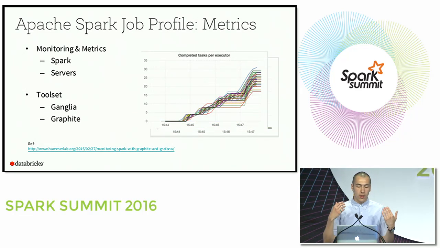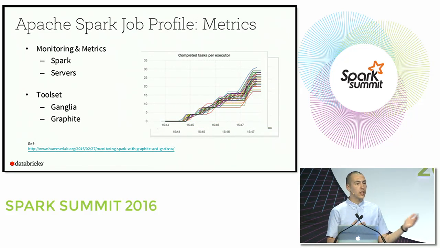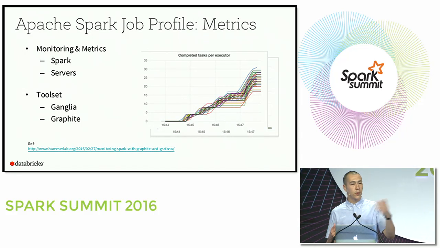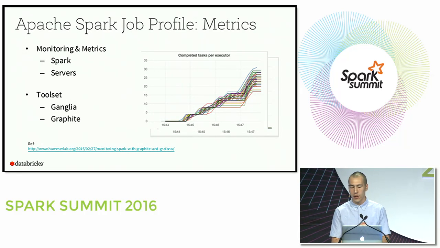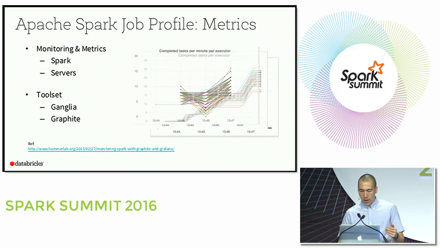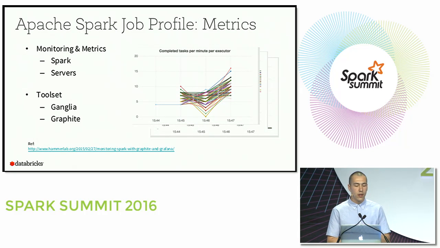There's also the number of completed tasks per executor, seeing if you're efficiently using this distributed platform. You don't want to see one executor not doing anything. Maybe you have one too many, and you're really not partitioned correctly when you're running your job. And then also completed tasks per minute. So these tools you would need to set up to help monitor Spark, as well as the servers.